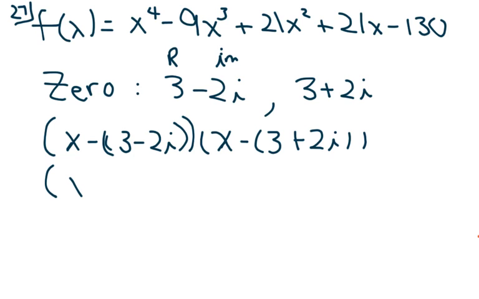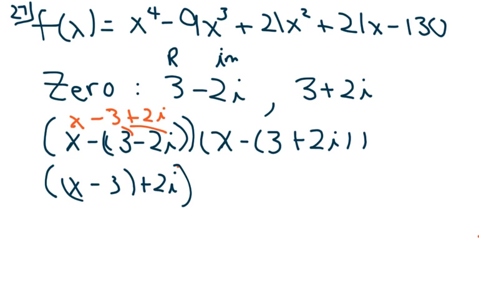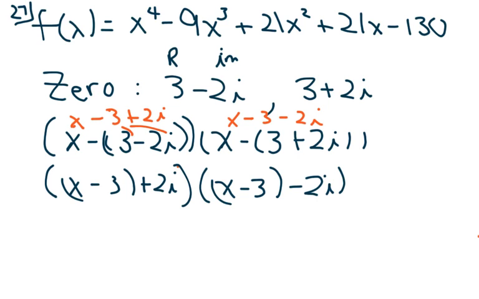So this is going to be x minus 3 plus 2i, because basically if I just distribute the negative here, this would be x minus 3 plus 2i. I have to distribute the negative. And this would be x minus 3 minus 2i. Again, if I were to distribute the negative, this would be x minus 3 minus 2i. That's why you change the sign.